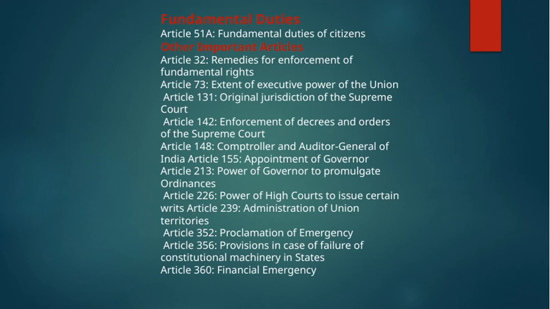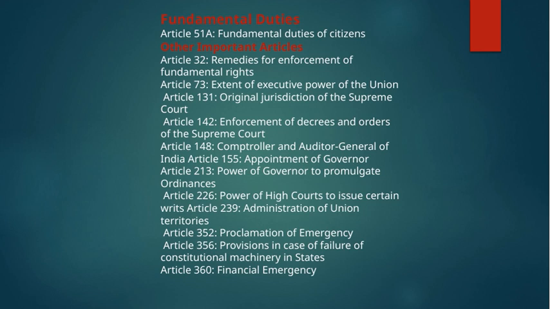Moving on, Article 73 defines the extent of the Union's executive power, clarifying how the central government operates within its constitutional limits. Article 131 establishes the original jurisdiction of the Supreme Court, meaning it has the authority to hear disputes between the Union and states directly.